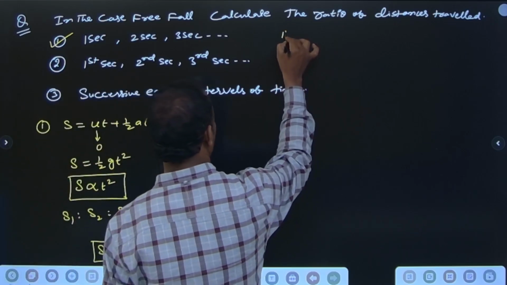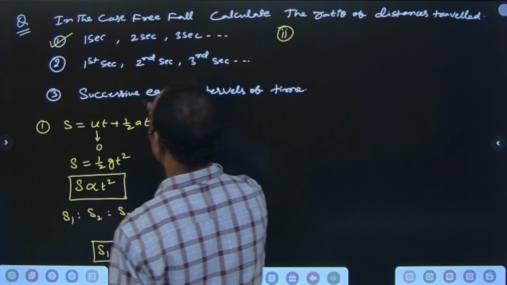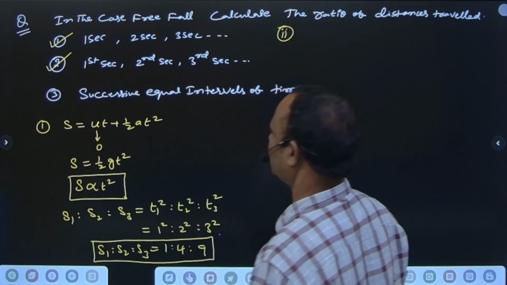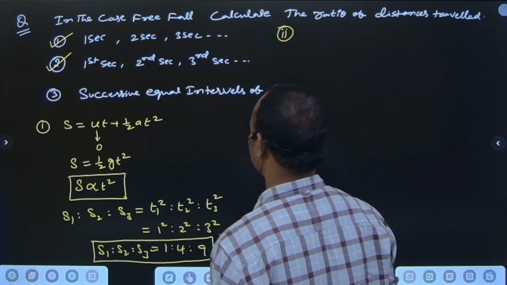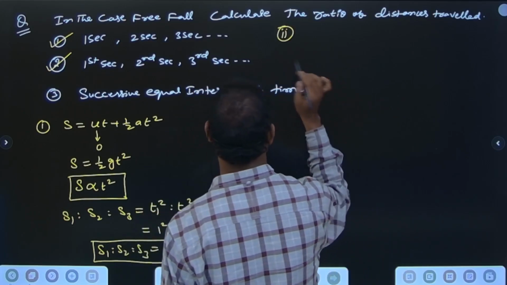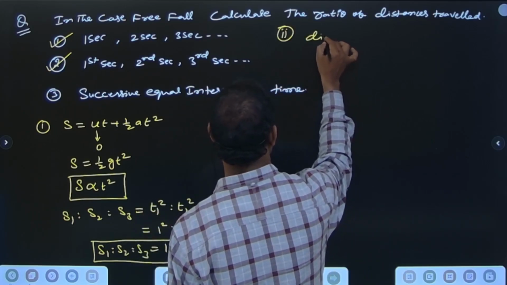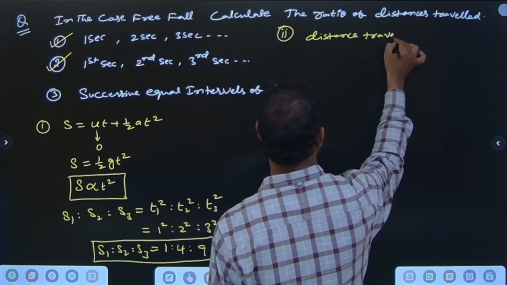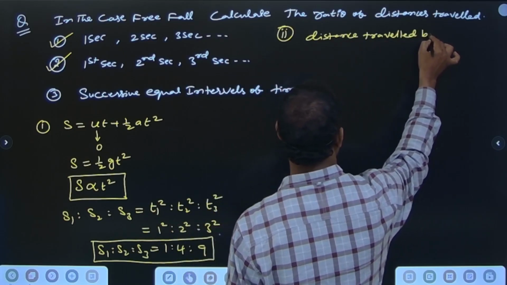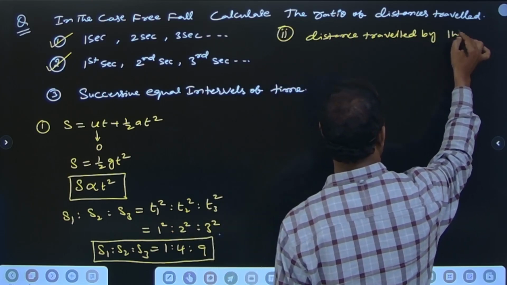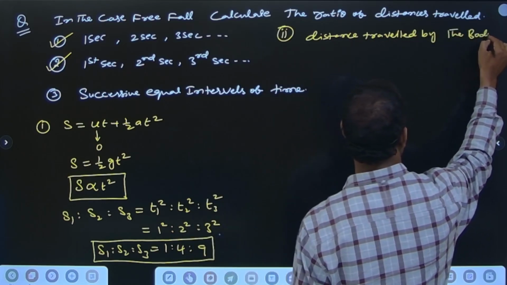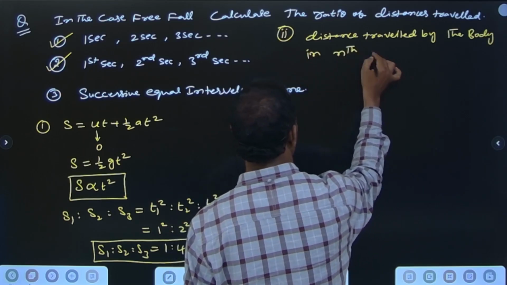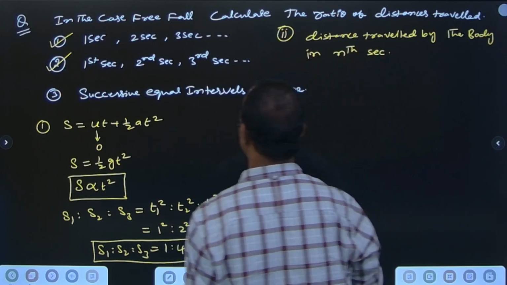For the second one I am talking about the first second, second second, third second, like that. Nth second means distance traveled by the body in the nth second. Then what do you say?